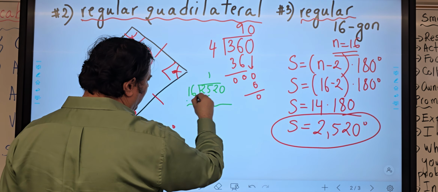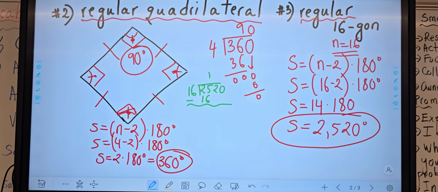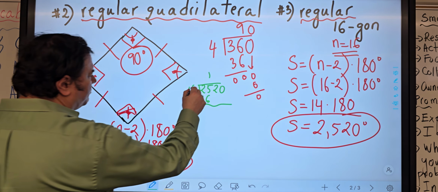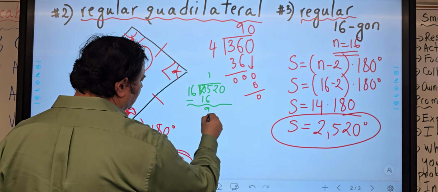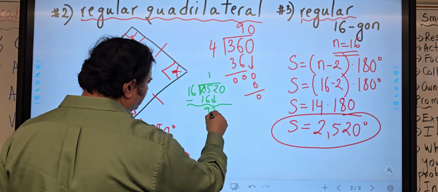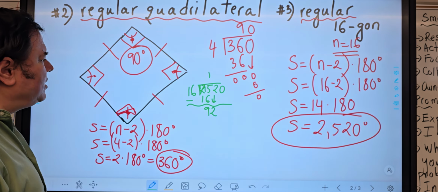Let's subtract. 25 minus 16, right? We borrow from the 2, maybe this is a 1. 15 minus 6 is 9. Bring down the 2. 16 into 92.